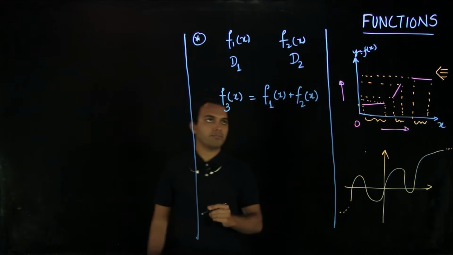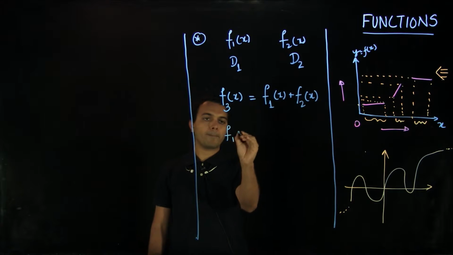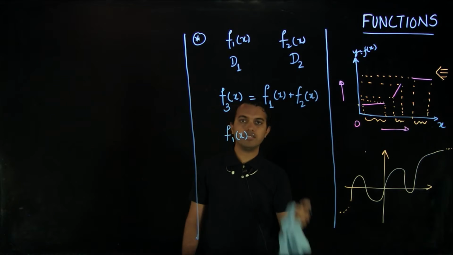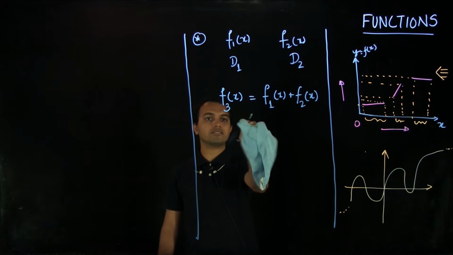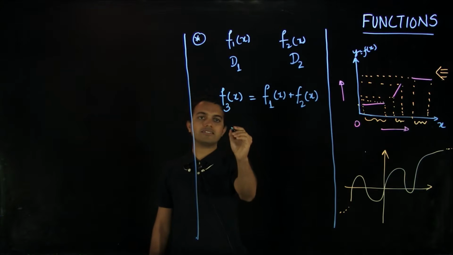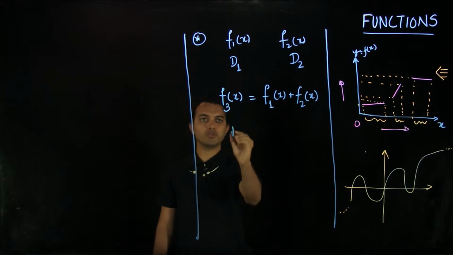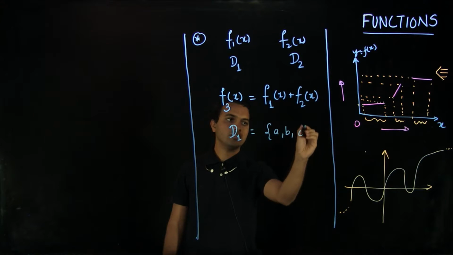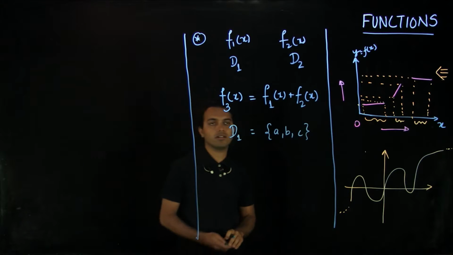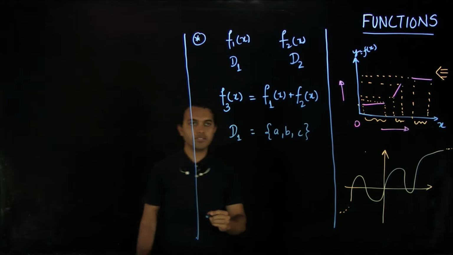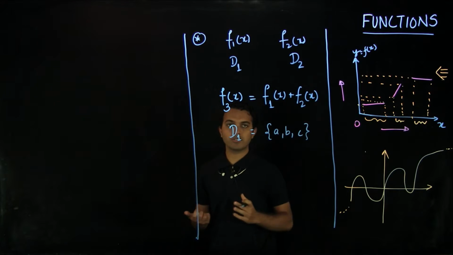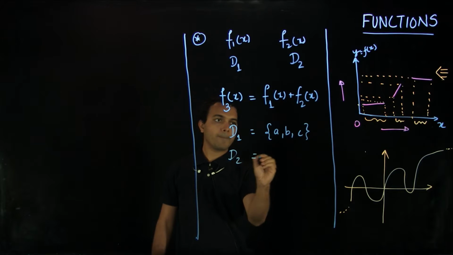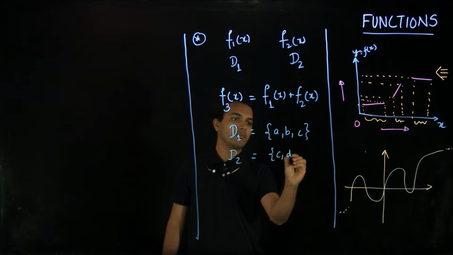Let's say f1 of x has domain D1, which is already given, and f2 of x has domain D2, which is already given. And just for our thinking, assume that D1 has the elements a, b, c. D1 can be anything based on the descriptions that have been provided to us. But for our thinking, to figure out what the solution should be, we just assume D1 is a, b, c, and D2 is c, d, e.